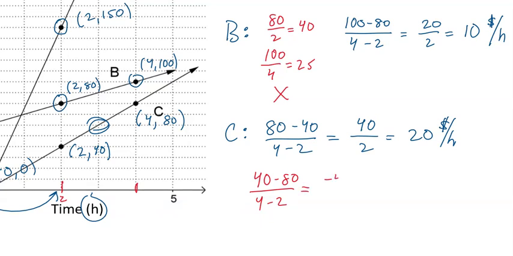Can a slope be negative? Can a rate be negative? If the line was going down, can that happen in the real world? You couldn't do it for speed, but you could technically do it for money. Yeah, and I would even challenge that you could do it for speed. It depends on your point of reference.